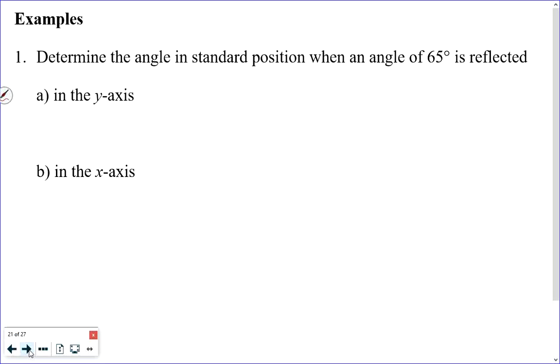If we have an angle in standard position of 65 degrees and we reflect it in the y-axis, what's the new angle of rotation? The way that you're going to solve this is you're going to sketch it. 65 degrees is here. I may have drawn that a little big, but that's okay.